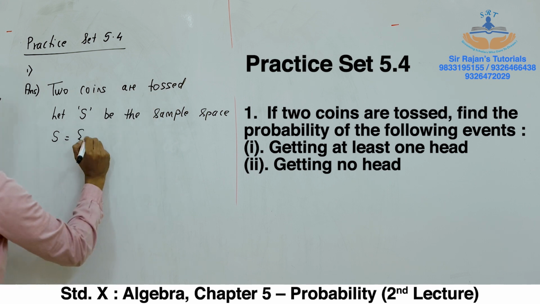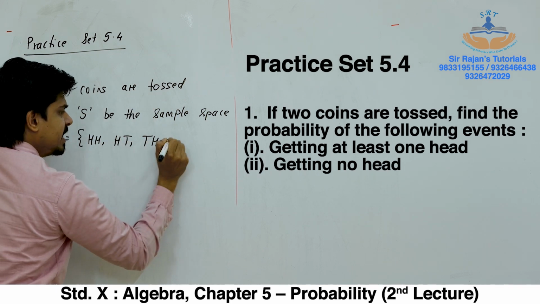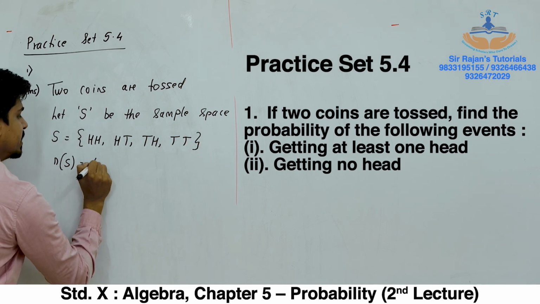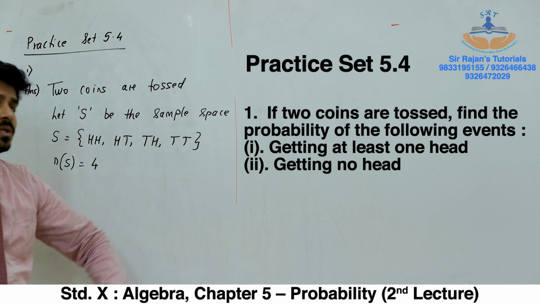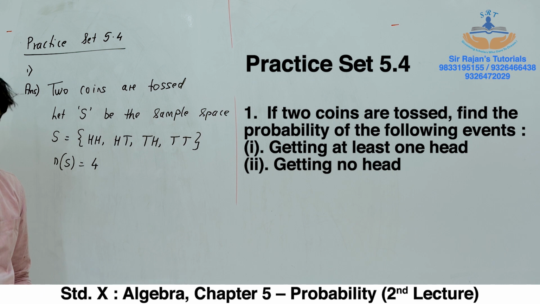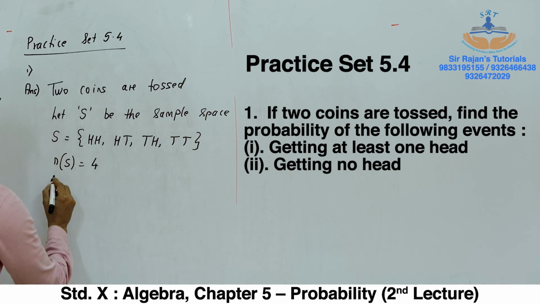Okay, two coins are tossed. HH, HT, TH, TT. Then your N of S is 4. Now what is the first event that they are talking about? Getting at least one head. Have they given any notation for that particular event? No. So you need to write that notation.